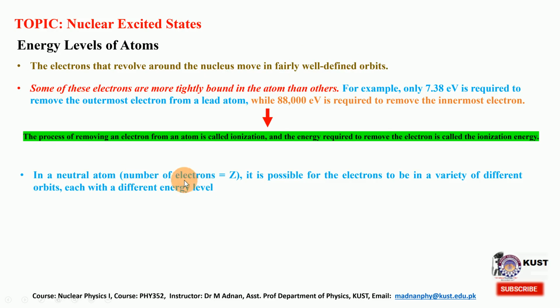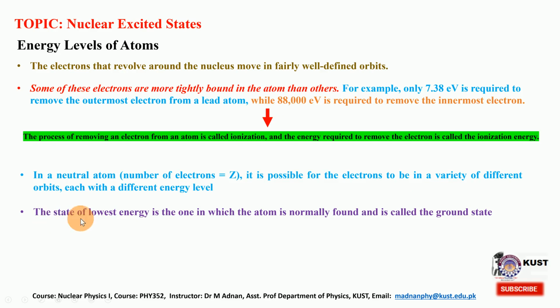So in an atom having Z electrons, it is possible for these electrons to be in a variety of different energy orbits with different energy levels. The state of lowest energy is the one in which the atom is normally found and is called the ground state.